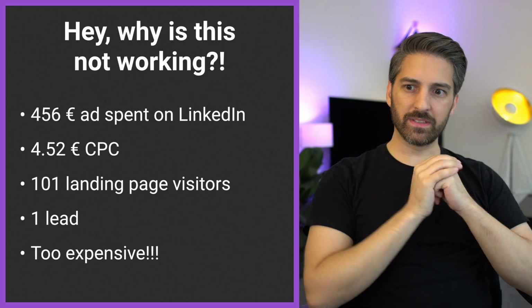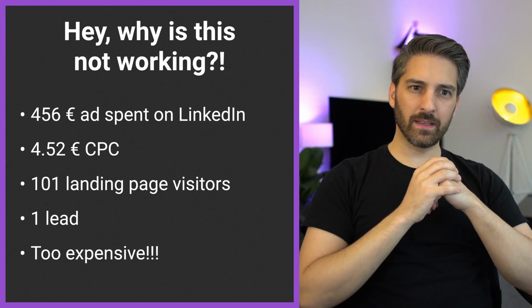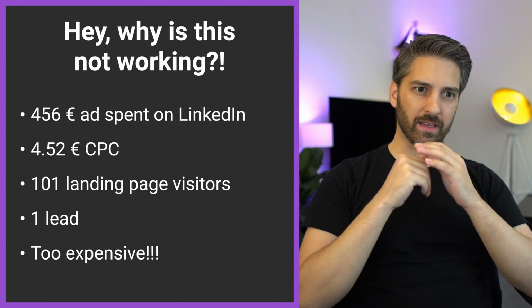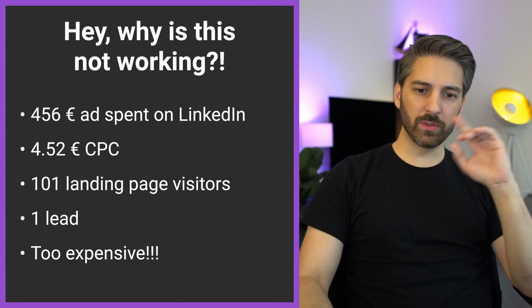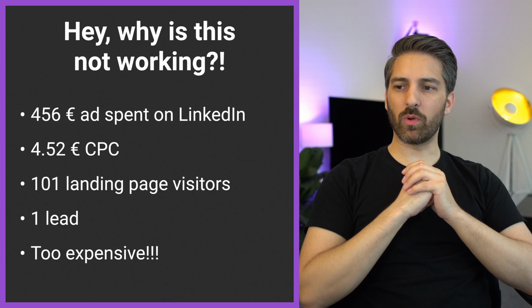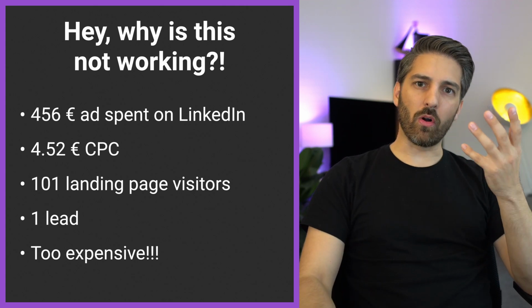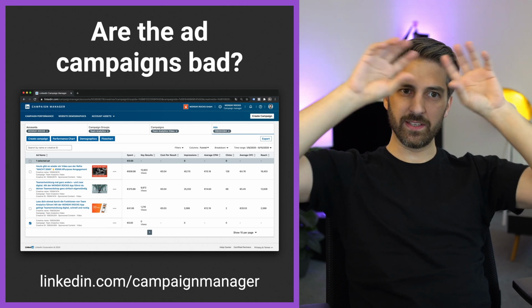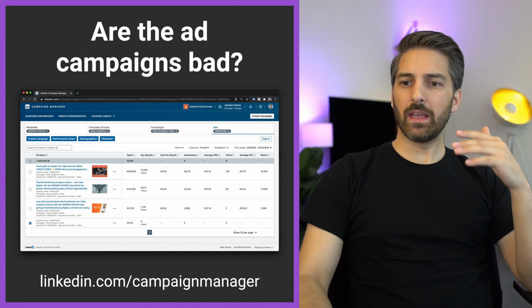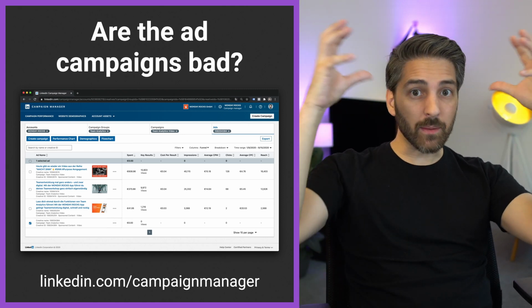Now, if you look at those numbers, you can think, what could be wrong here? I want to show you just the points where I think, in most cases, of course, not just with Monday Rocks, where things can go wrong. If you imagine where this journey starts for the user, they see an ad on the LinkedIn newsfeed, and then they come to a landing page.